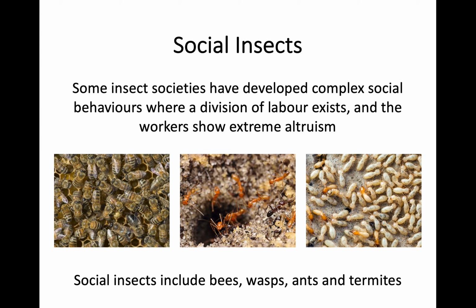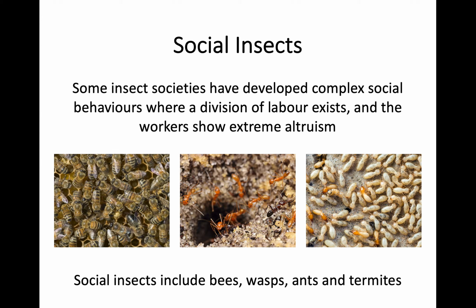So we can see some examples of altruism through social insects. There's a lot of different insects that have some really complex social behaviours. And in these social behaviours, there can be a division of labour where there are certain jobs that certain types of the insect do, or certain sexes of the insects or ages.